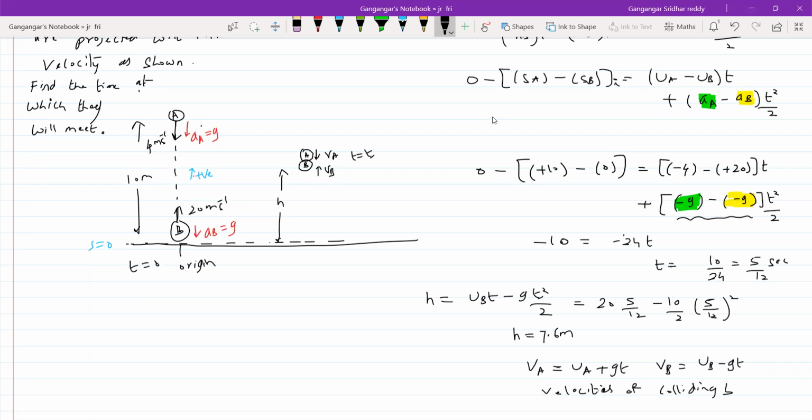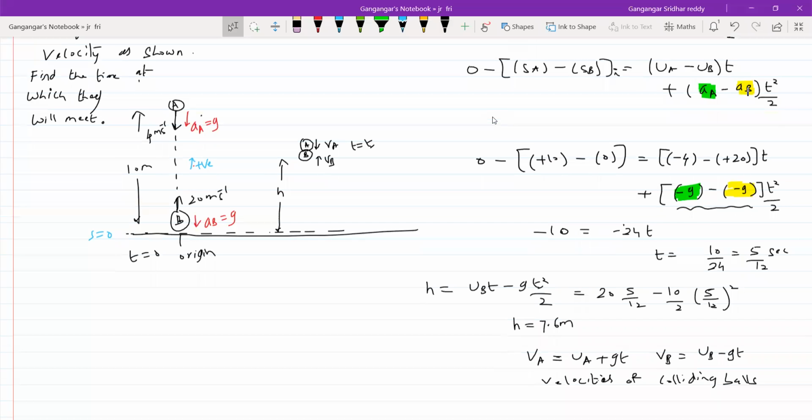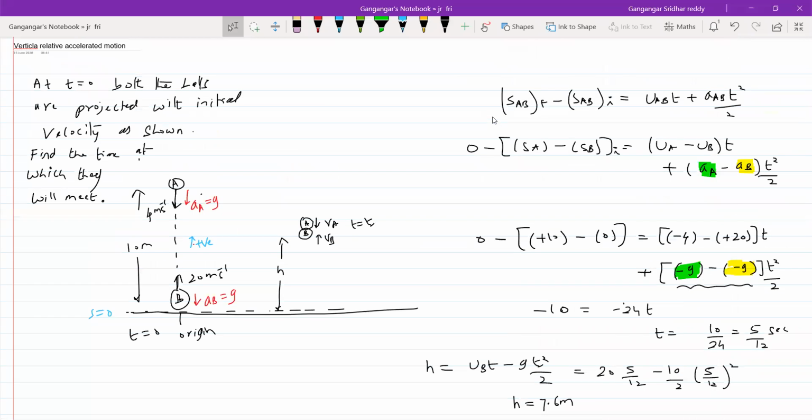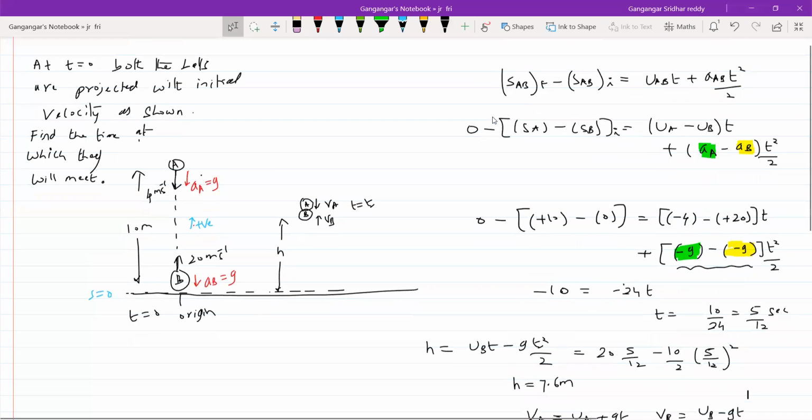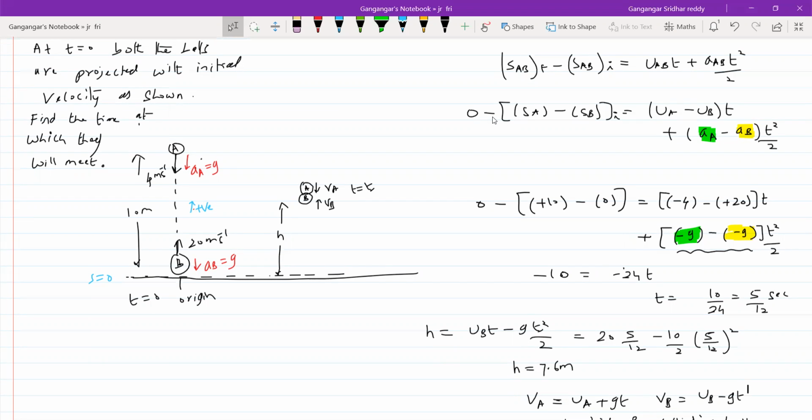Once you get the time, the rest of everything we can manage. Anybody taking a screenshot? You can go for it. I'll scroll down. Done. Okay.